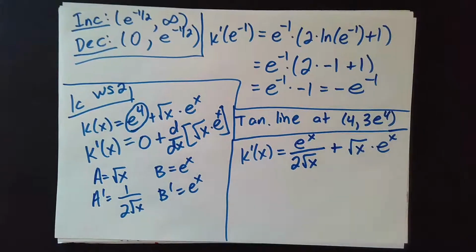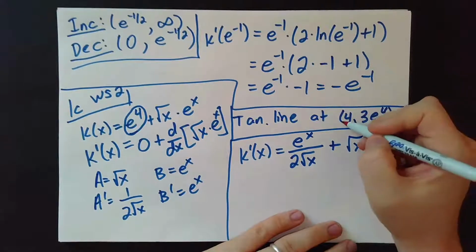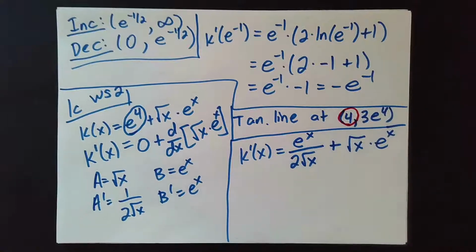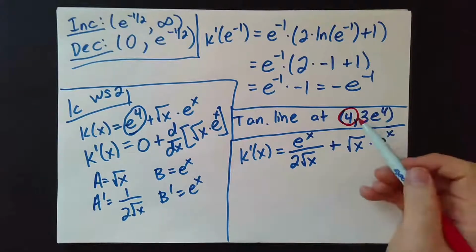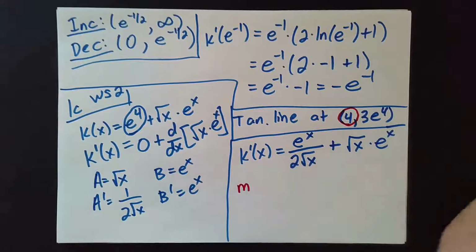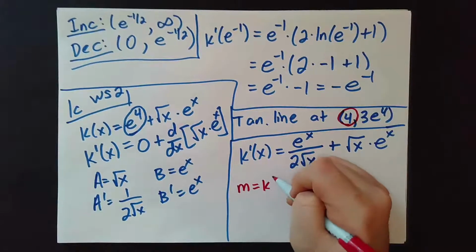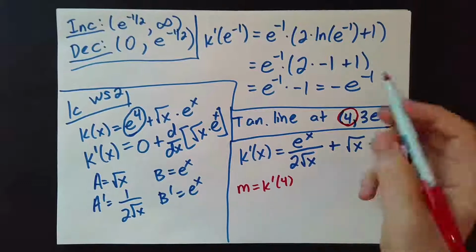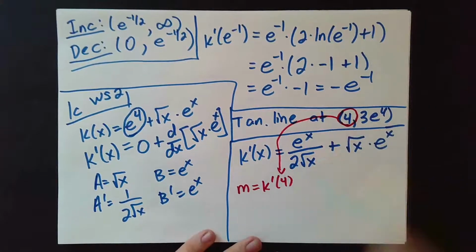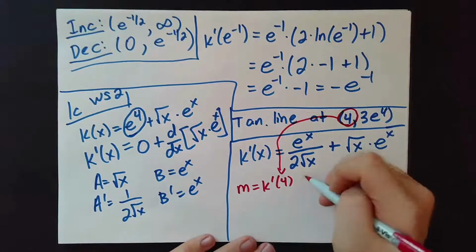And having found the derivative, I now want to plug in the x-coordinate of the point where I want the tangent line, because the derivative is going to tell me the slope. So the slope of the line I'm looking for is k prime of 4. And that 4 is this 4 that is getting plugged in.